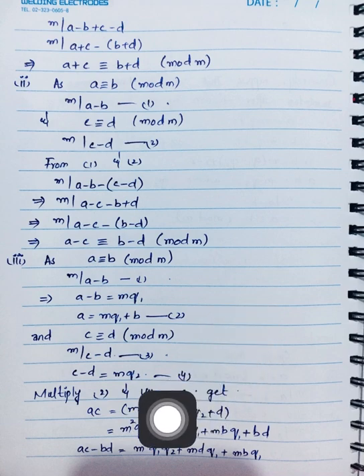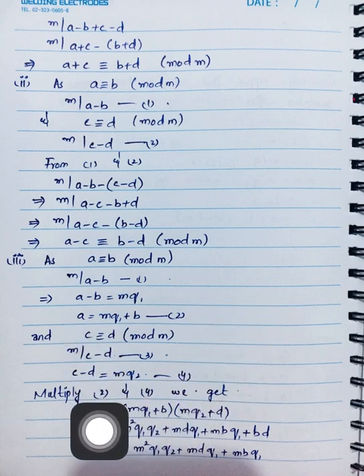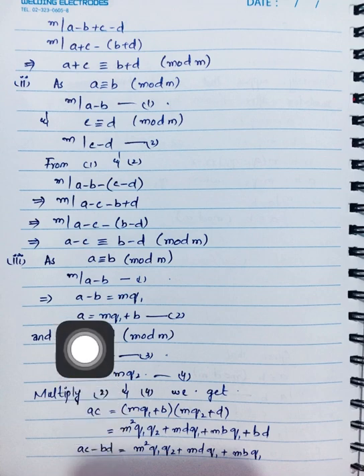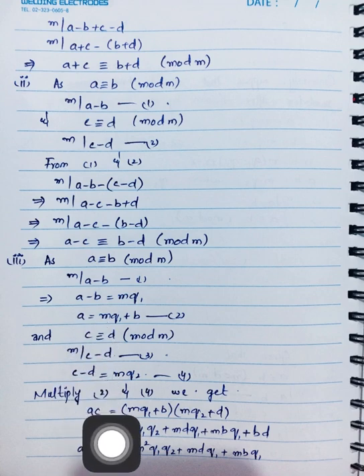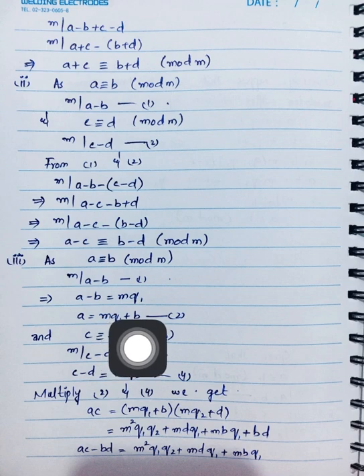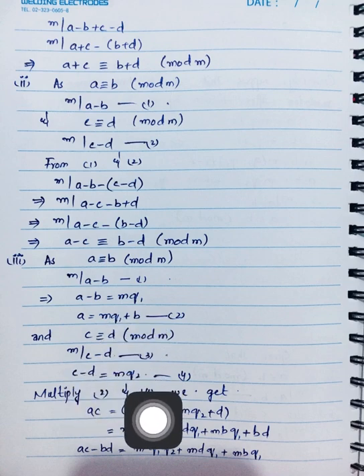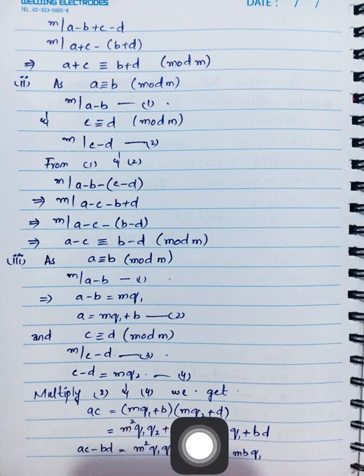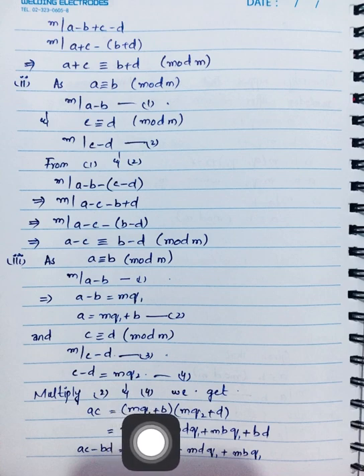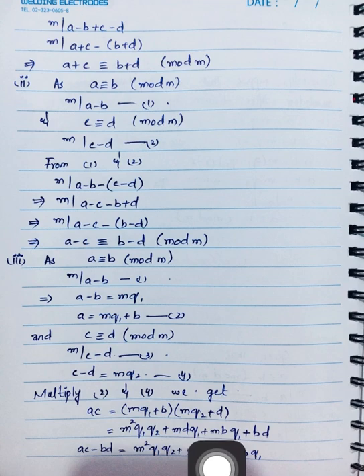Now from 2 and 4, multiplying these two equations, A and C, that is MQ1 plus B into MQ2 plus D. Multiplying this, MQ1 into MQ2 is M square Q1 Q2, and MQ1D further is MDQ1, MBQ2, and BD. Sorry, here it is Q2 not Q1, this is my mistake.